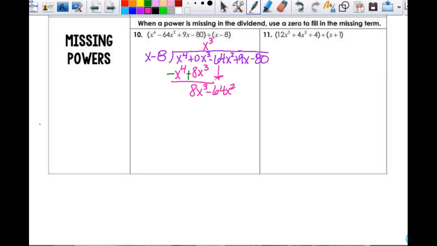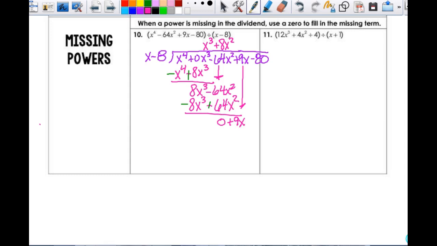X goes into 8x cubed, positive 8x squared times. This is 8x cubed minus 64x squared. Okay. So I change my signs. Well, this zeroes out, and so does this, right? This just becomes 0, but I've got to bring down my 9x.